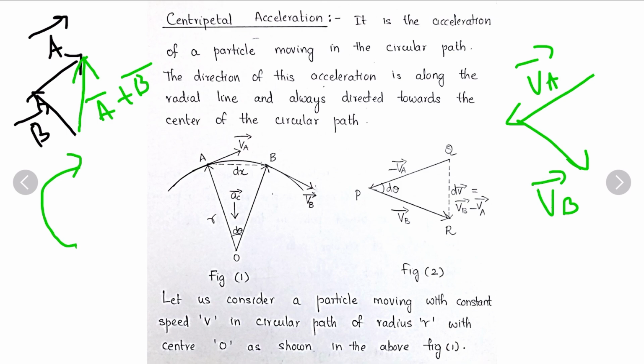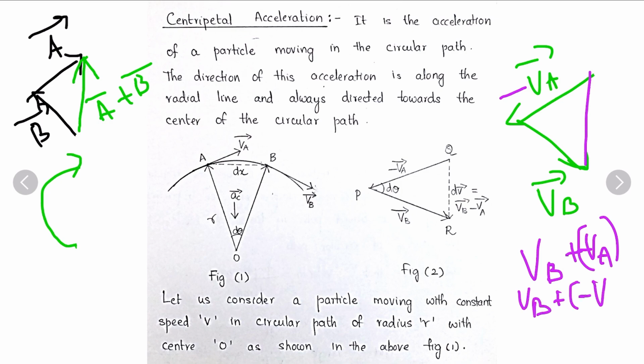The head of A is touching the tail of B, and if you join the third line, the third side gives the addition of them. But here it is minus VA, so you will get VB plus VA with negative sign. That means VB plus minus VA, therefore you will get VB bar minus VA bar.